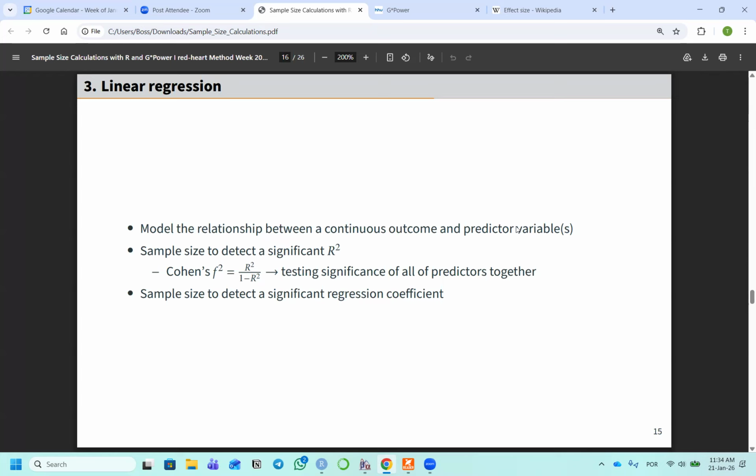That may be your research question. Or maybe the question is, what is the effect of x1 on my outcome y after controlling for the other covariates? That is the sample size you are looking for to detect a significant regression coefficient. So we treat these things differently in linear regression.